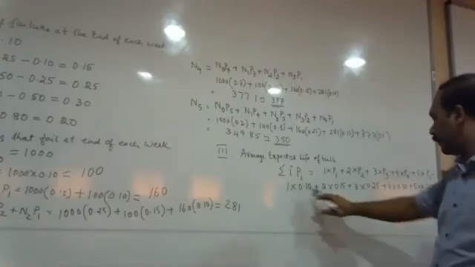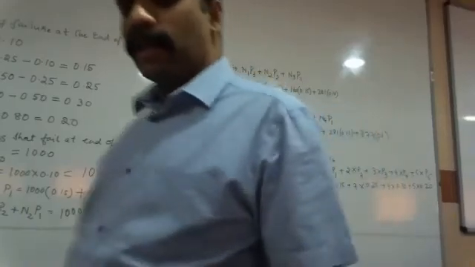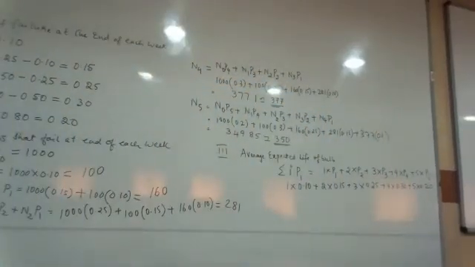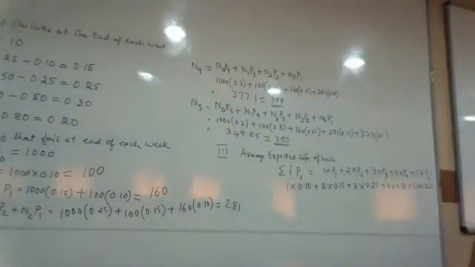So every week I have multiplied with the corresponding probability of failure. Can one of you please simplify and give me the answer for this? How much do we get?